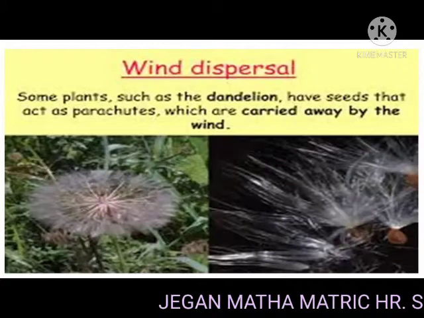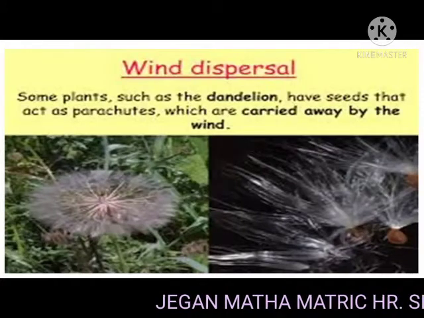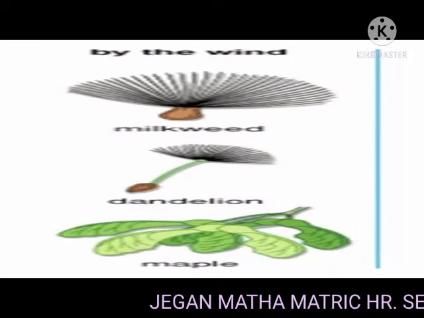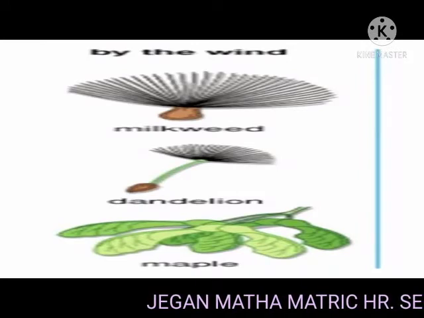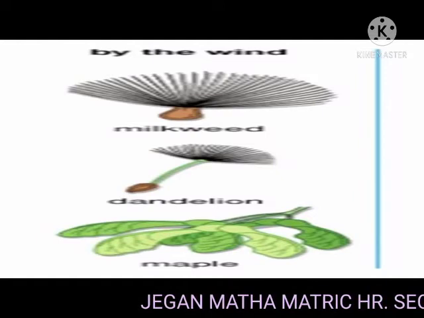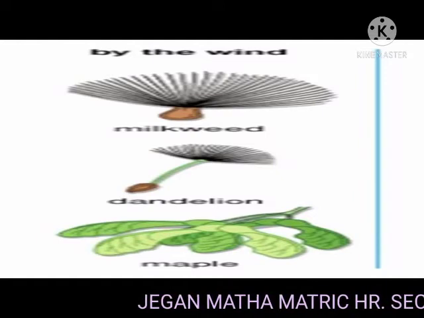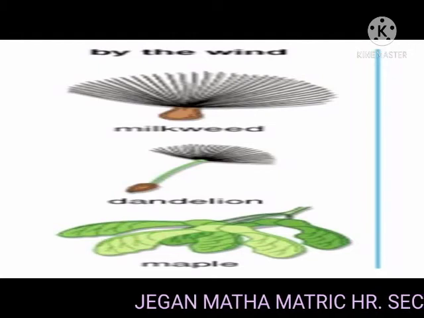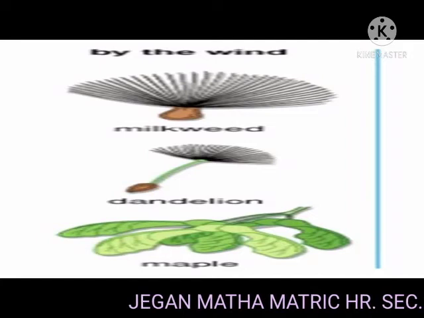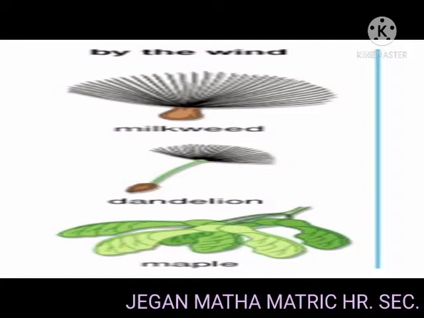The adaptations of the wind dispersed plants are minute seeds. Seeds are minute, very small, light, and with inflated covering wings. Seeds or whole fruit are flattened to form a wing. Example, maple.